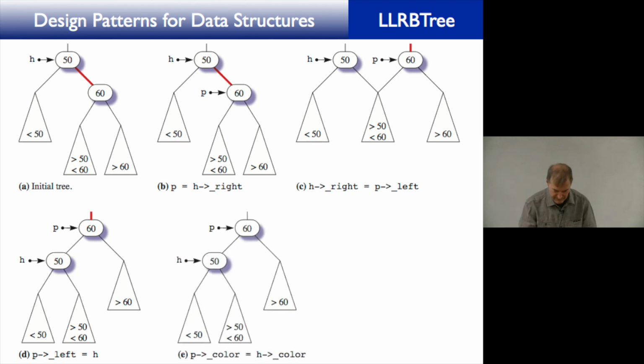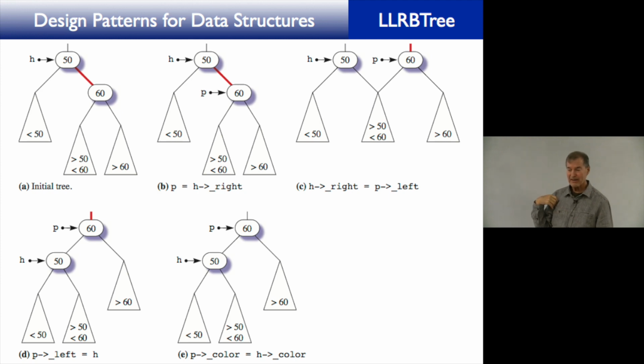Okay. And now I think this was your question. P arrow color gets H arrow color. So if the color coming down from H was black, then we want to duplicate H's. We don't want to change the color of that link coming down, because that would change the black height. Aren't you not allowed to have two reds in a row? Yeah, so these are intermediate. Well, actually that's a good question.